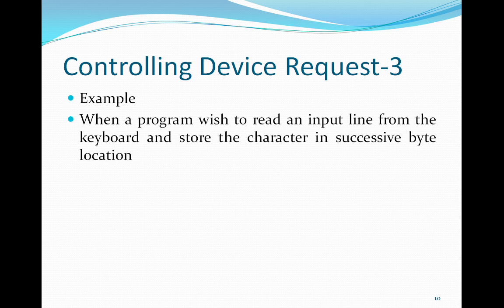Then enable keyboard interrupt by setting a bit in the control register to 1. Then enable the interrupt in the processor by setting to 1 the IE, the interrupt enable bit in the processor status register PS. So we have to perform these actions here.